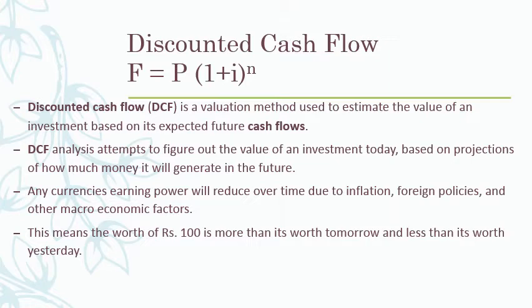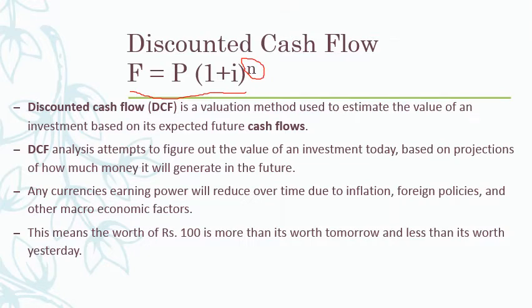That can be very easily explained with the help of this formula. F = P(1 + i)^N. F is the expected future cash flow, and how much it's going to be worth will be calculated by multiplying the present worth by (1 + i)^N, where i is the rate of interest, the rate at which the discounting or change of the currency will take place, and N is the number of years.